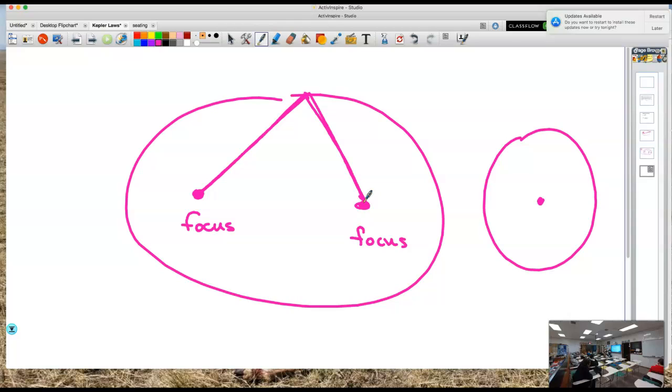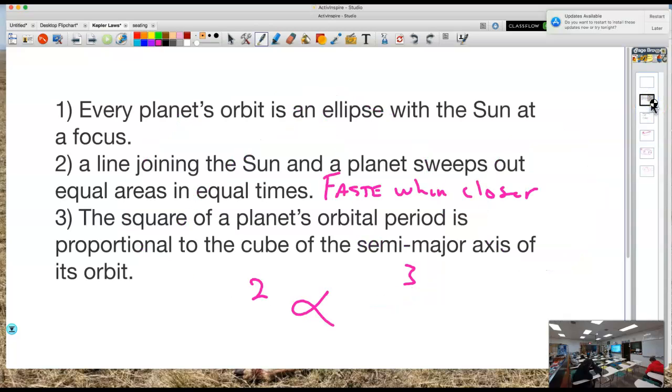Okay. Grab your Chromebooks. Get them out. We're going to need it for this one. So it says here that the square of the orbital period, represented by a capital T for the time it takes to go around, is equal to the cube of the semi-major axis.